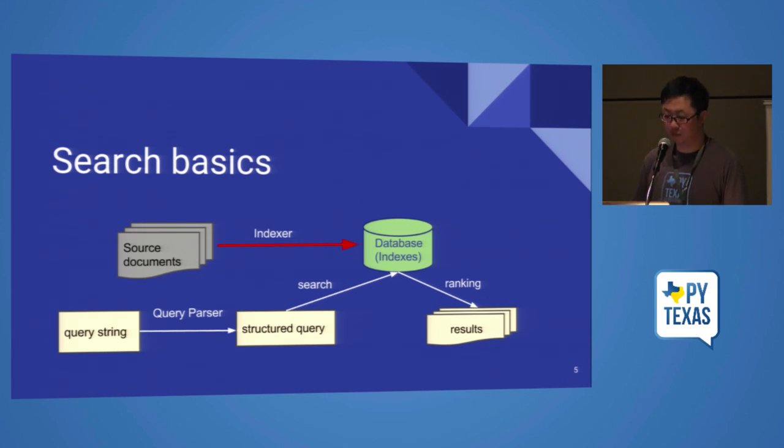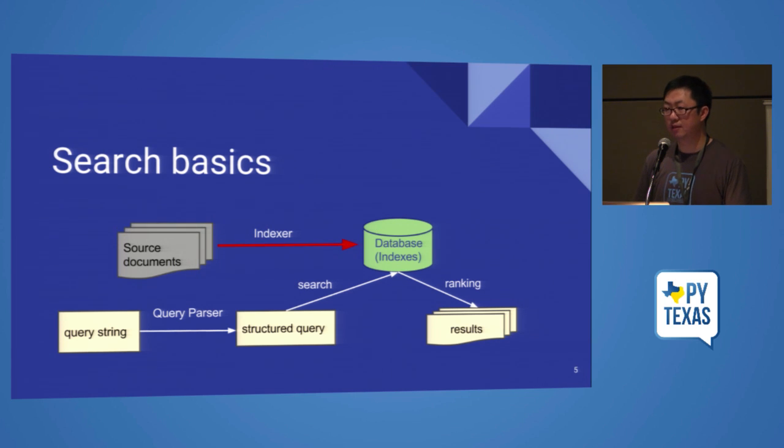Once the database is built, we can make queries to it. Typically, a user will have an input query string, which is parsed by a query parser into a structured query, and we perform a search against the database. We get a list of results, and we apply a ranking algorithm so that the results are sorted on how relevant they are to the query.